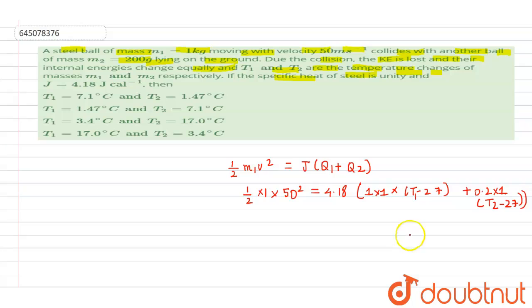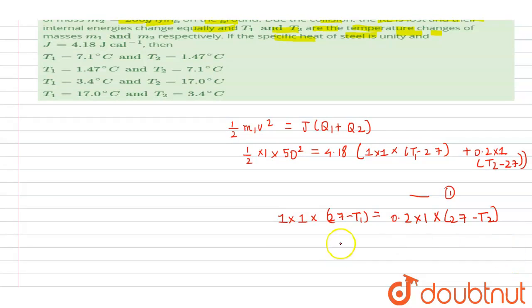We name this as equation 1. Also we see that internal energies change equally, so we can say that 1 multiplied by 1 into (27 minus T1) is equal to 0.2 multiplied by 1 multiplied by (27 minus T2).